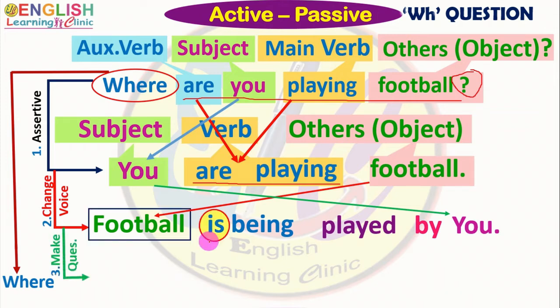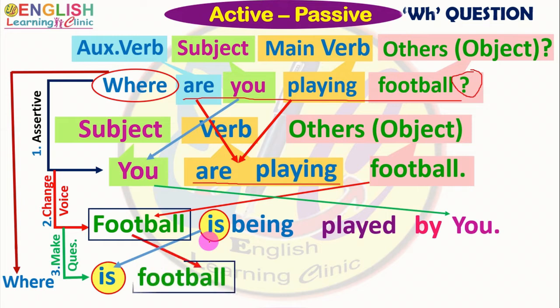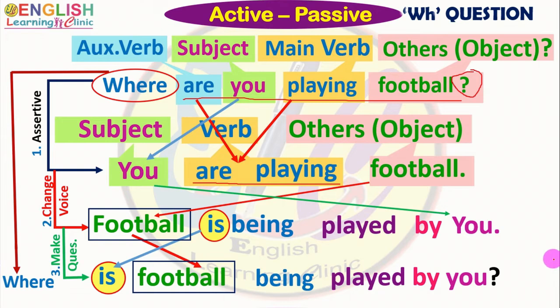To make it, the auxiliary verb will come first, next football, and next the rest part of the sentence will come one after another, and at the end of the sentence just put the question mark. The answer is, where is football being played by you? And this is the sentence with the passive form of the verb of this sentence, that is, where are you playing football?